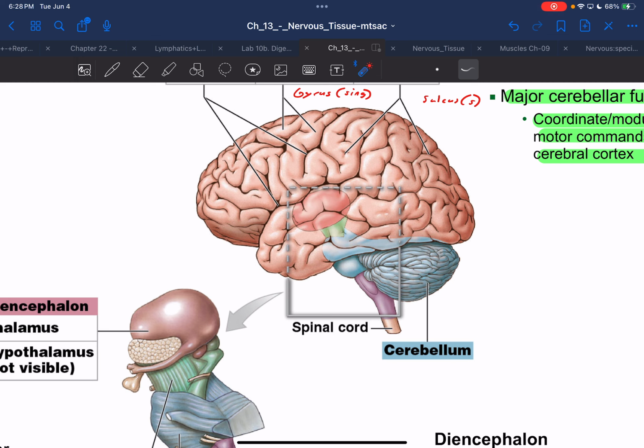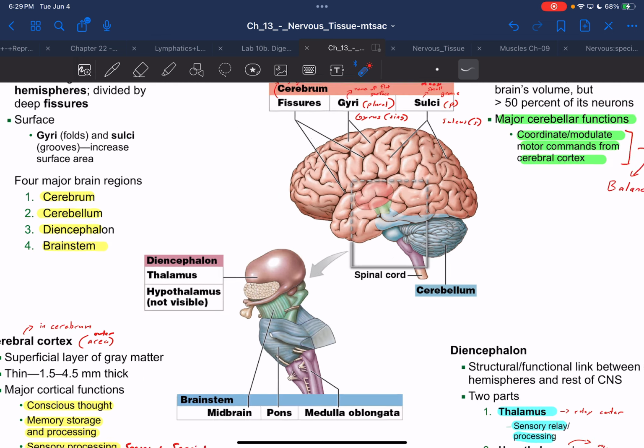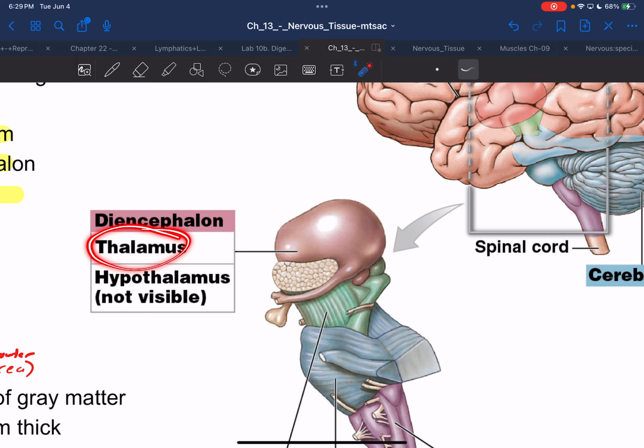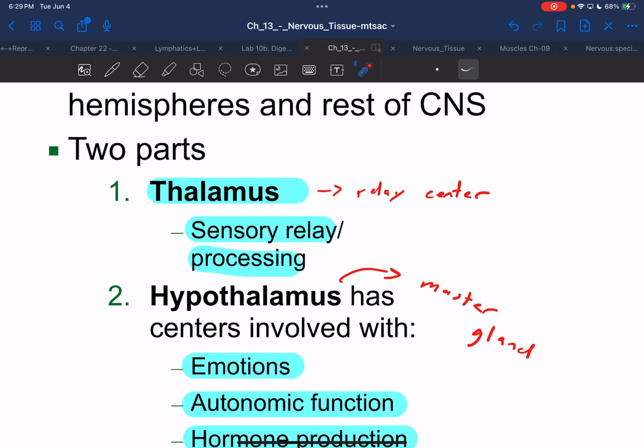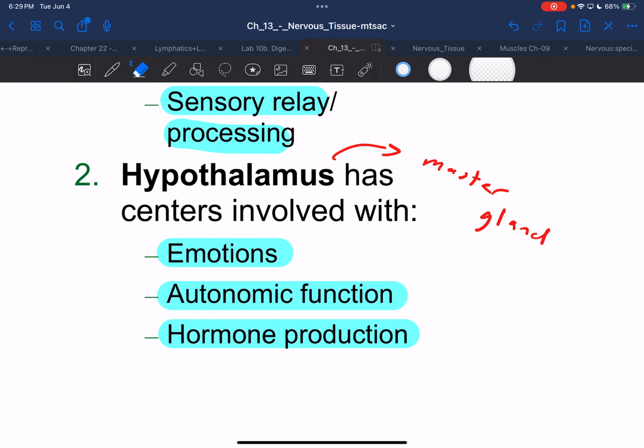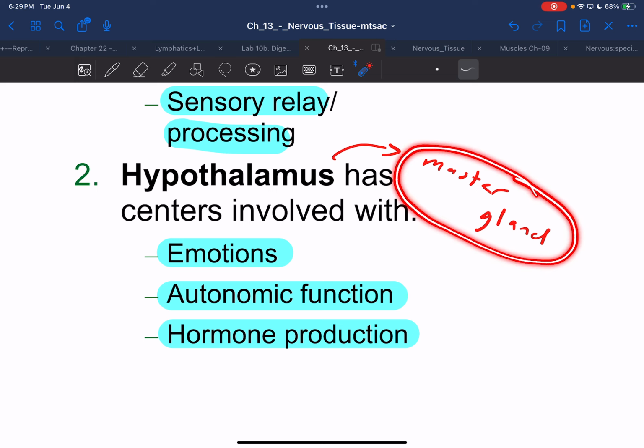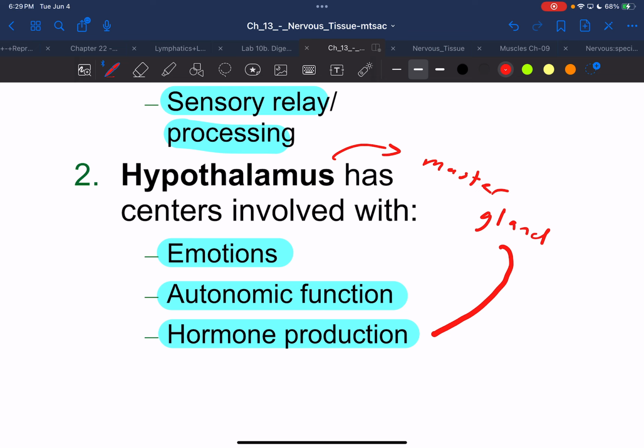Everything that's going in an afferent direction, going into your brain, will go to your thalamus first, and then that thalamus will send it to the next area. More on that later. Hypothalamus has to do a lot with endocrine. It's typically referred to as your master gland because it is involved in a majority of your hormone production.